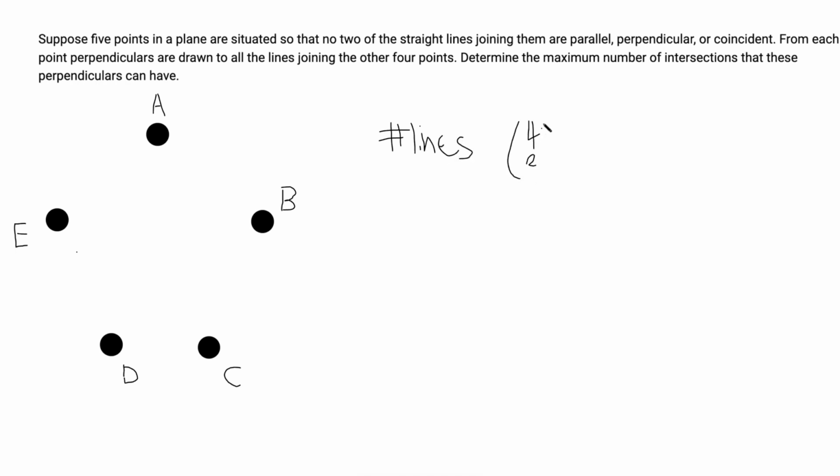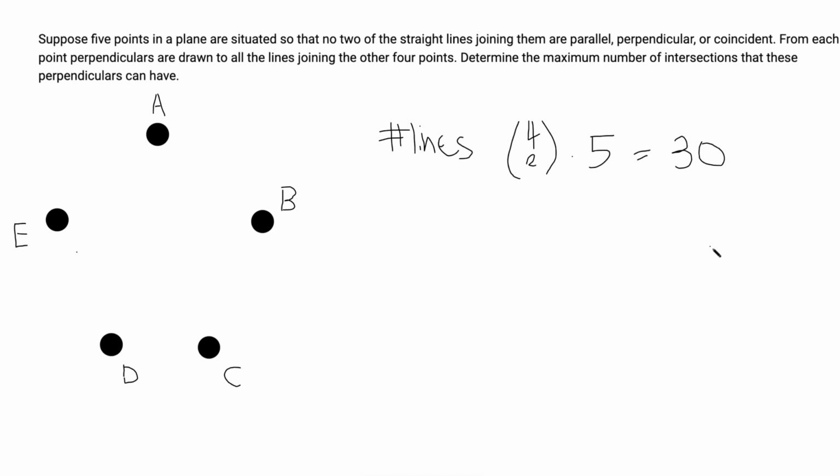And that is because there are 4 other points, and any 2 of those points you can choose to draw a line, and then you will just draw a perpendicular that connects to A. And then we multiply by 5 because there are 5 points that we're drawing lines from. So the total number of lines will be 30.